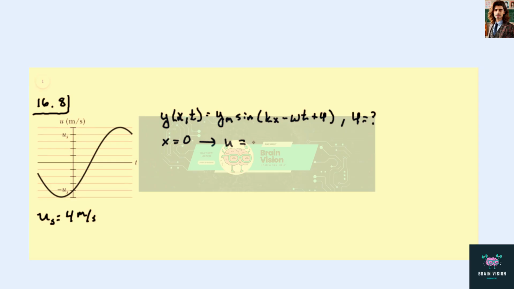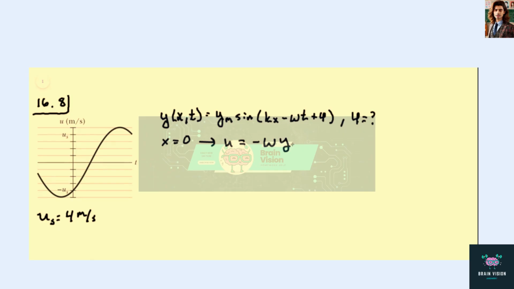Now we're told this is at x equals 0. So we know that the speed is just going to be the time derivative of this. So we're going to get a negative omega from the chain rule.